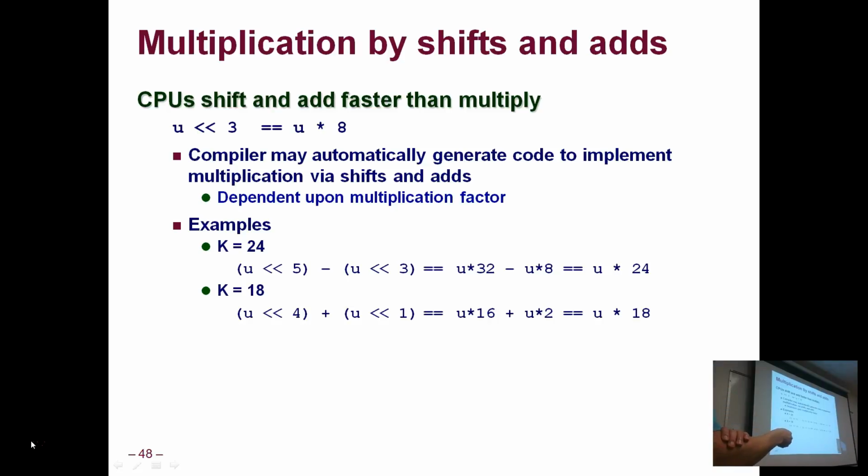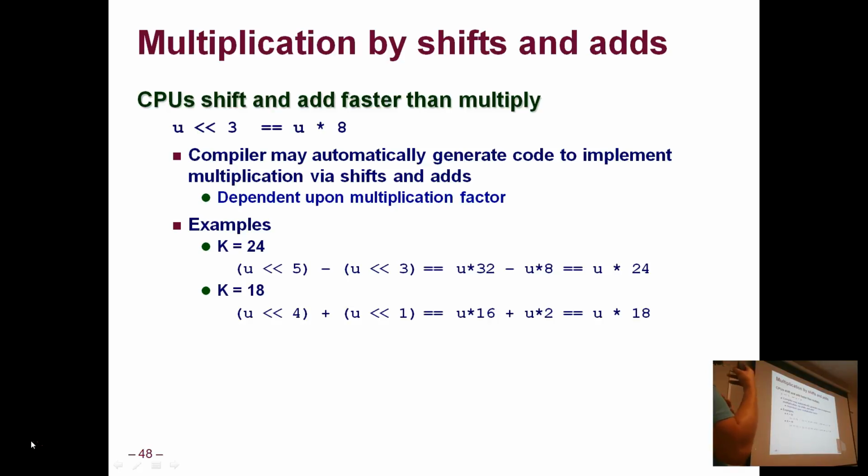So this is actually 32 times the number, the left shift by 5, minus 8 times that number, which is 24u. And this turns out to be slightly faster. Doing this computation is slightly faster than going through the multiplier and the adder.